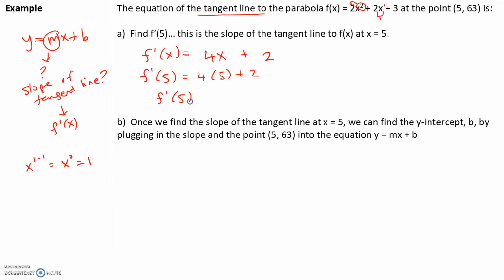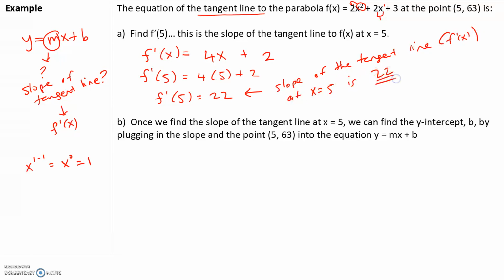So f prime of 5 is equal to 22, which means the slope of the tangent line, given by f prime of x at x equals 5, is 22. So we know what the slope is. We also know the point is 5, 63.